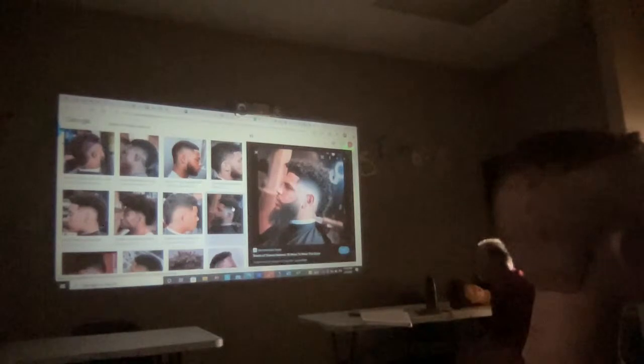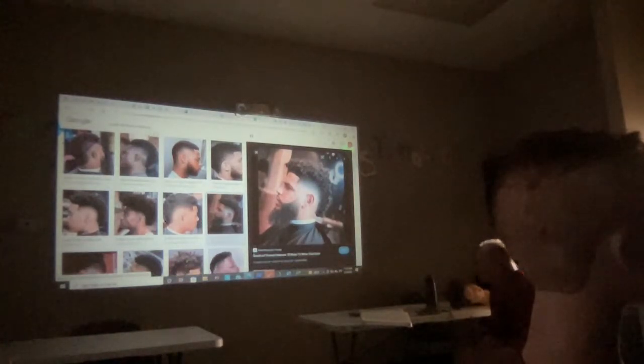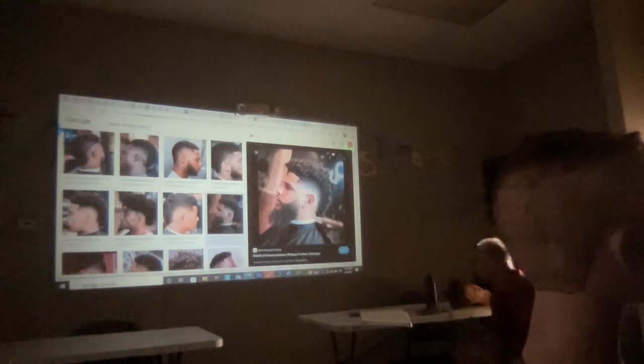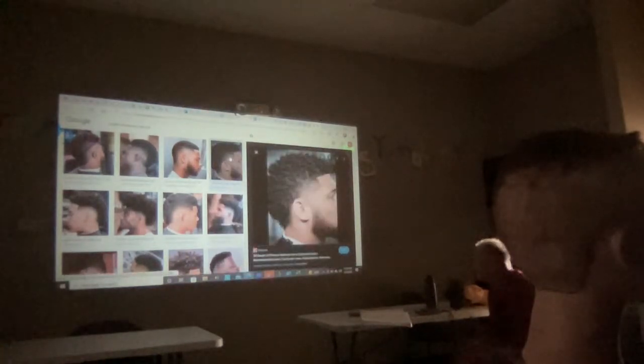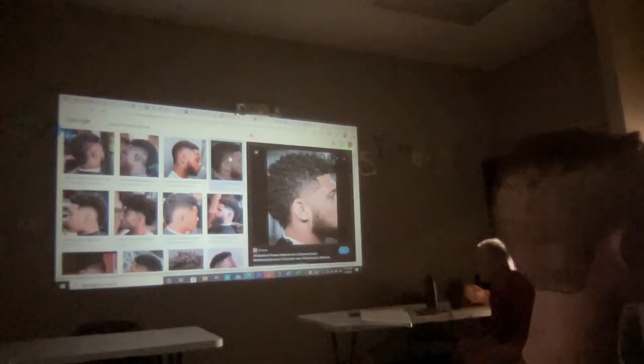Skin. Okay. Yeah, that's light. Good. That's just still see here.